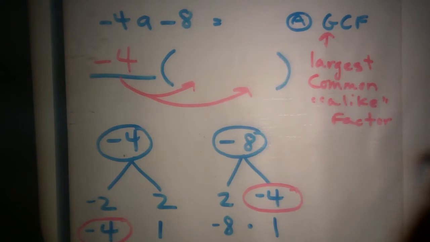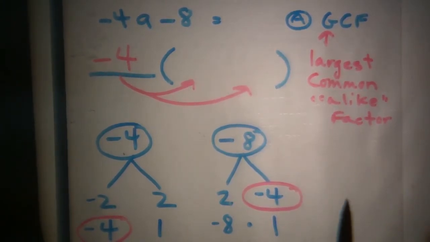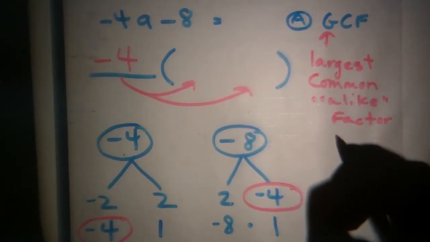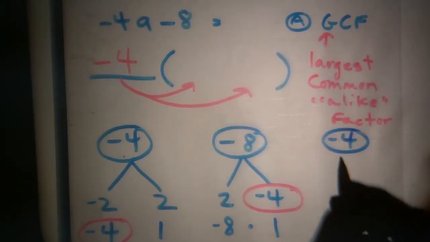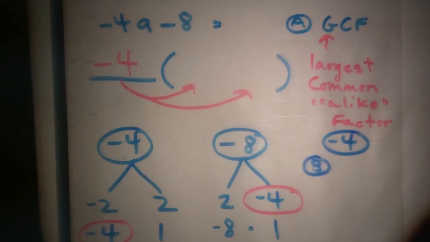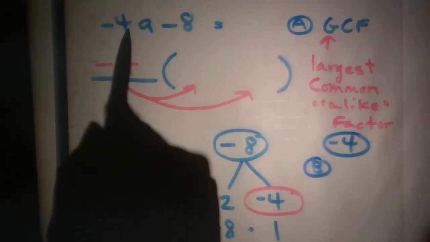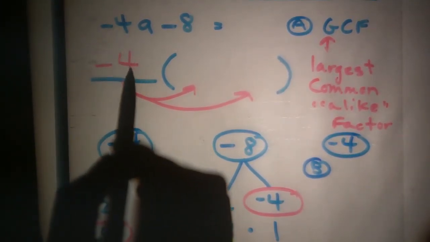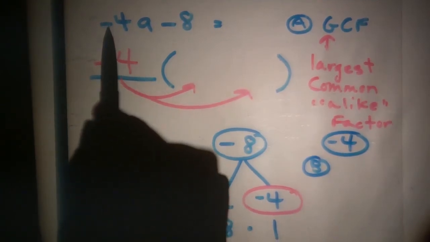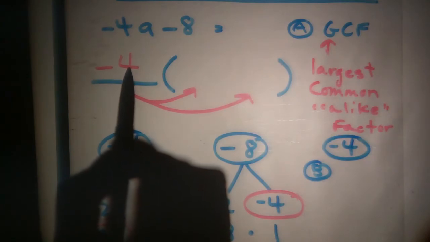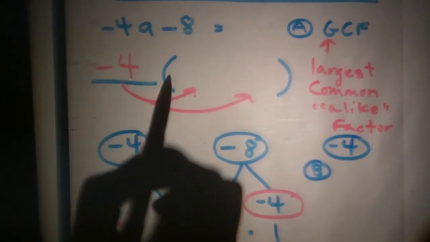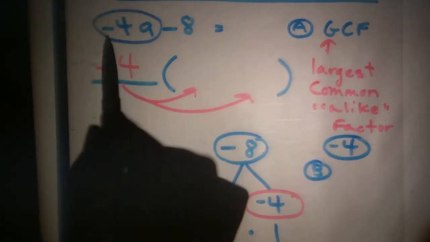Alright, so now that we've determined our greatest common factor is 4 and we've turned it into a negative, now we need to just break apart our remaining terms. So if I have a negative 4 times negative 4a, what can be multiplied times negative 4 to make this term?